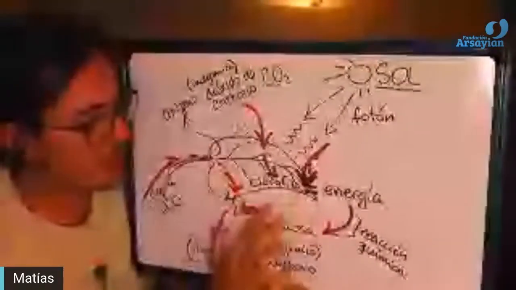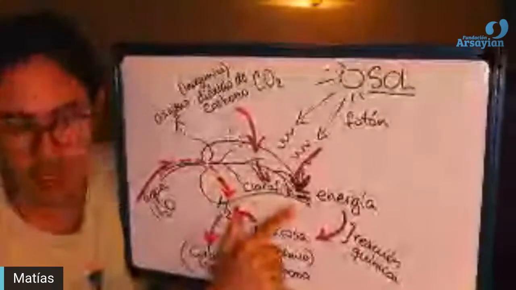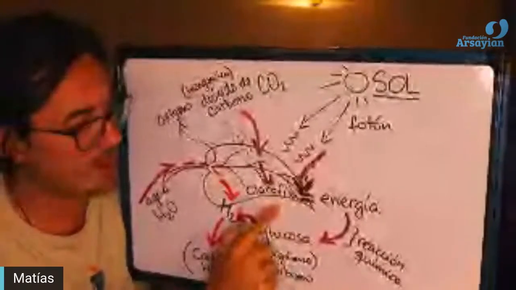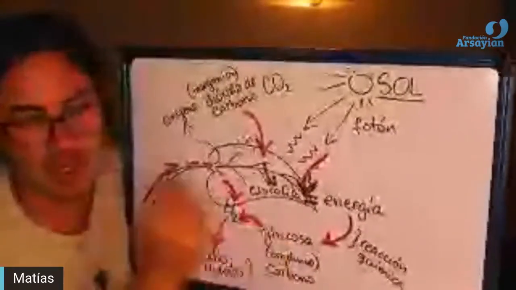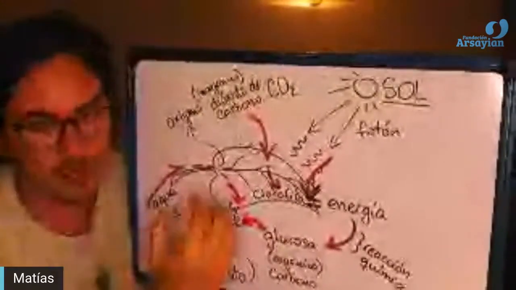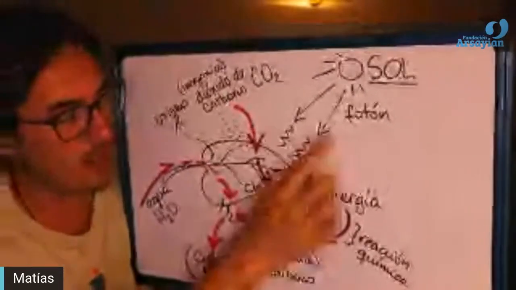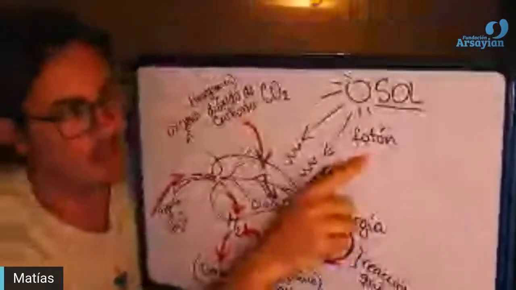So in a leaf, we have chlorophyll. I don't know in English how you say it, chlorophyll, which is this element, pigment, that is able to grab the photons, the particles of the light.